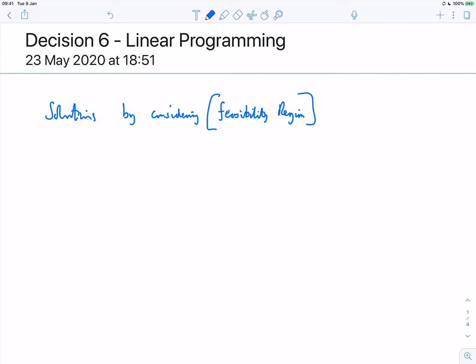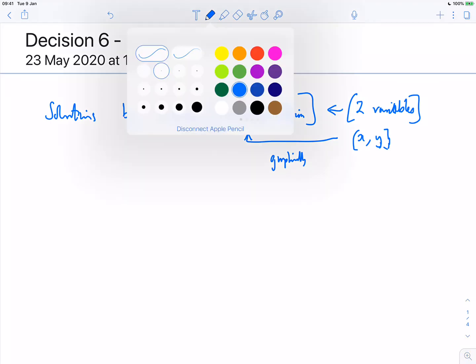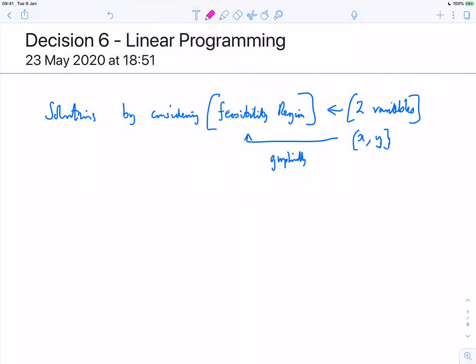Well, suppose you have a problem with two variables. Then that's okay, because we can plot them as functions of x's and y's, and we can solve this graphically in 2D. That's totally fine. What's coming up next, I'll put a star, is the simplex method.